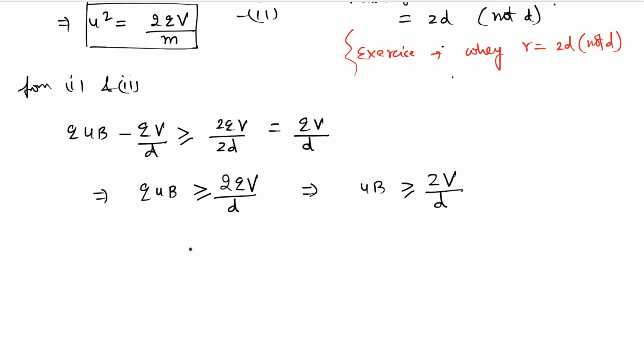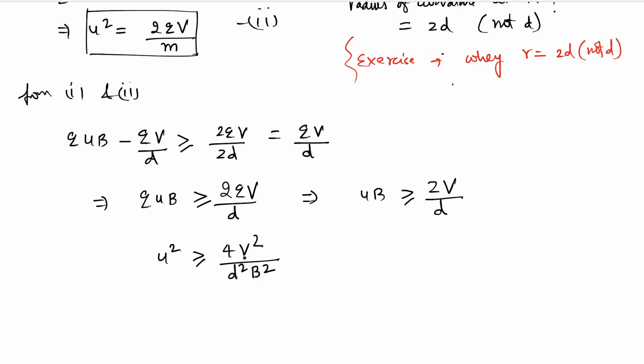And if you just take the u square, it is 4V square d square by B square. Okay. And u square is nothing but 2qV by m, which means 2qV by m is greater than 4V square by d square B square.